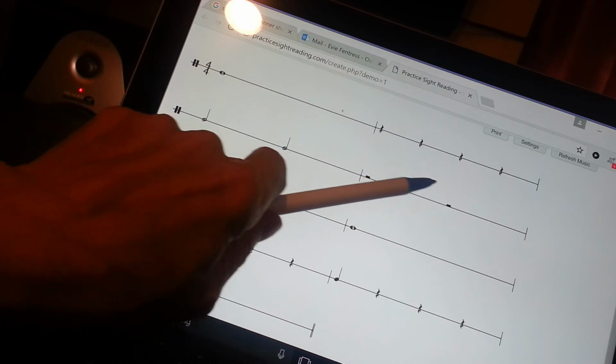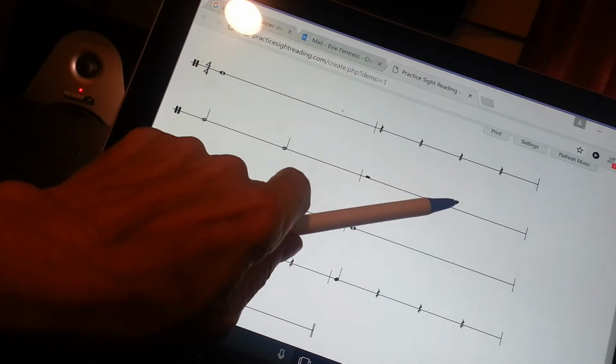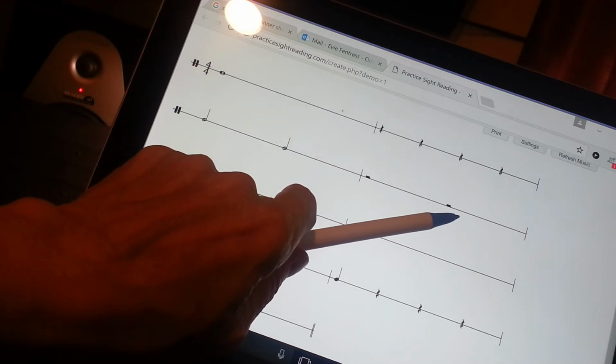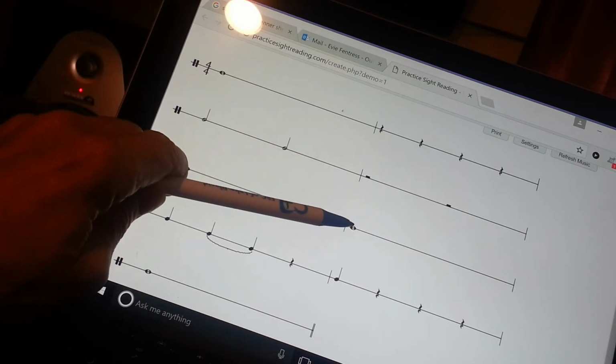These are half rests. So I have 2 beats for this half rest and 2 beats for this one. What do I have here? Whole note. How many beats? 4. What about here? 4.